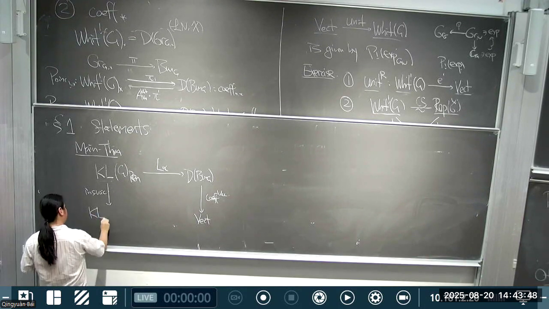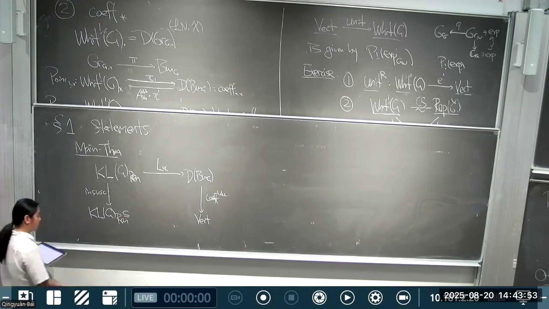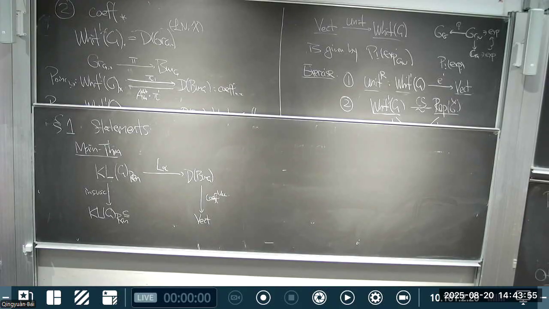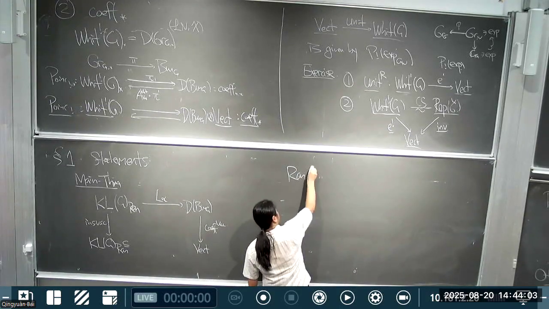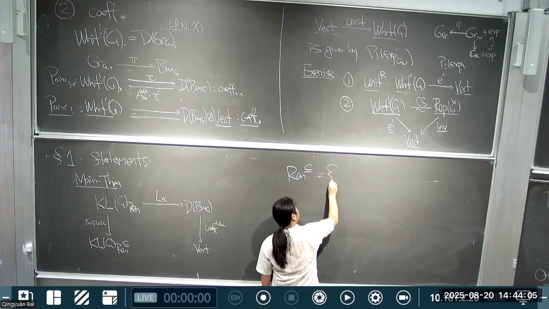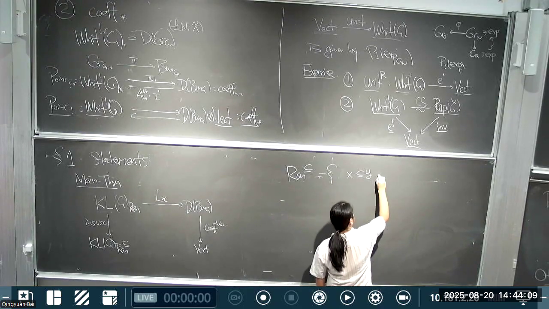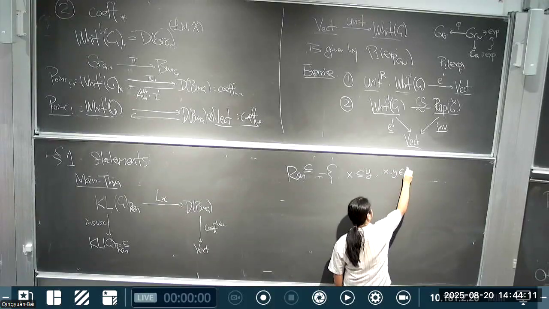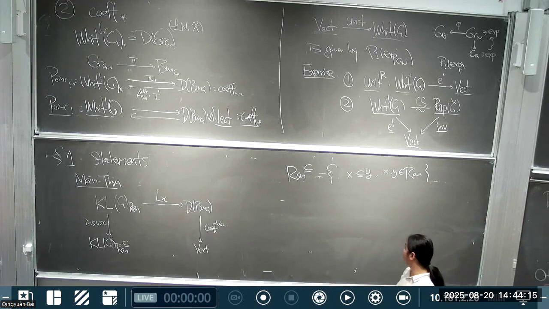Let me remind you what's the domain of this function. It's the section of KOG on this Ran subset. And let me remind you what this Ran subset is. It classifies pairs x containing y, where x and y are points inside this Ran, viewed as finite subsets of your curve.